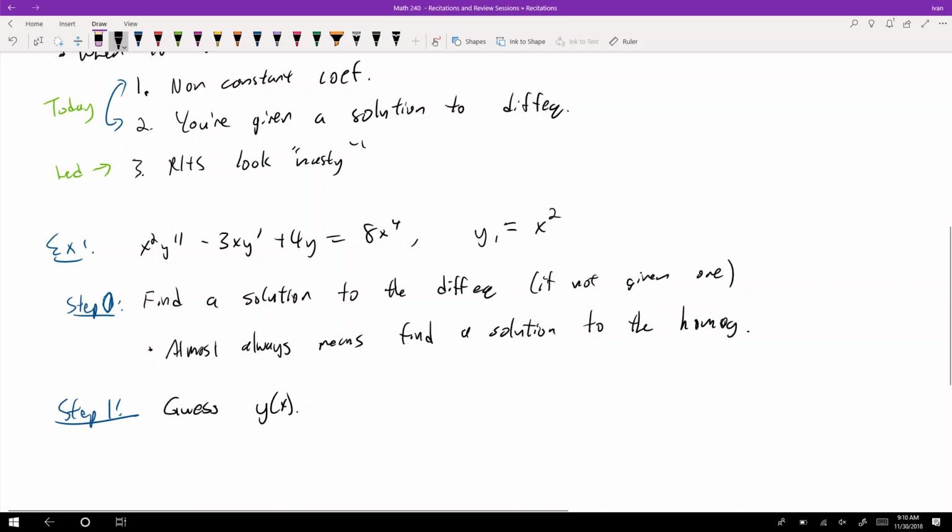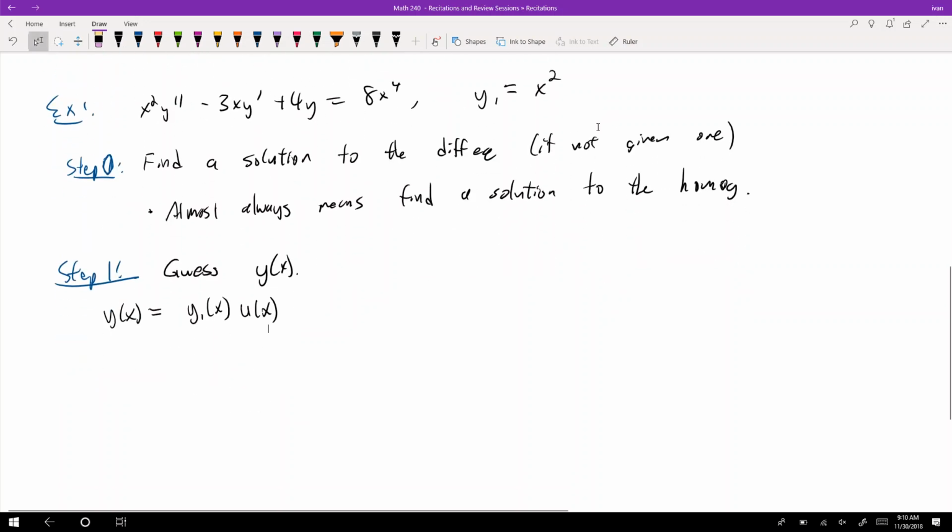So what is y of x? We always guess that y of x is equal to y1 of x times u of x. y1 of x is just any solution that we're given, or any homogeneous solution that you solve for, and u of x is the unknown that we want to care about.